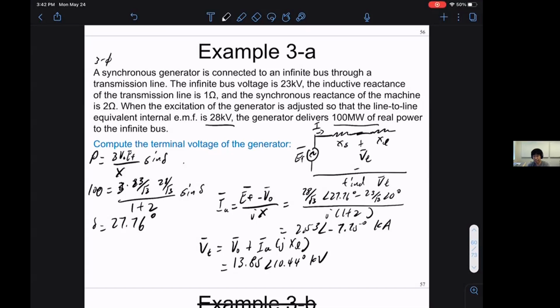Any questions up to this point? Okay, so for this VT, is that the line to line or line to neutral? This is again three phase. Which voltage do we compute here?